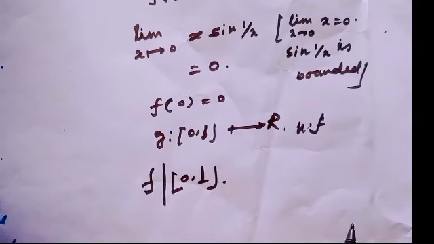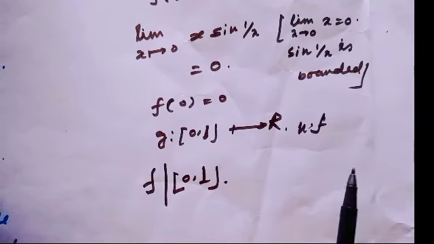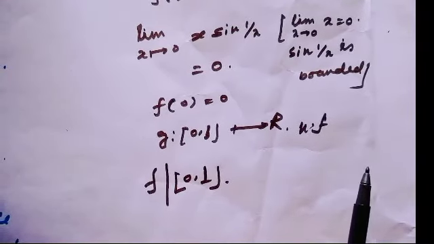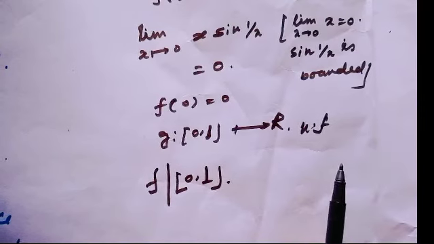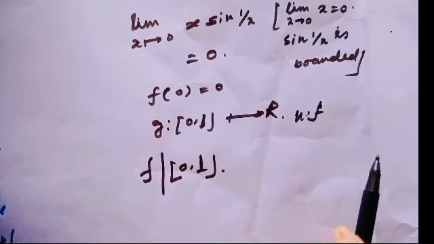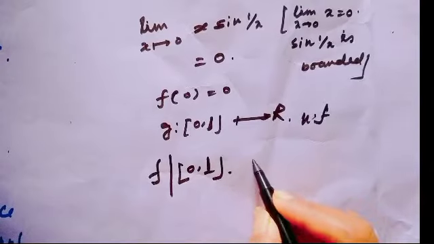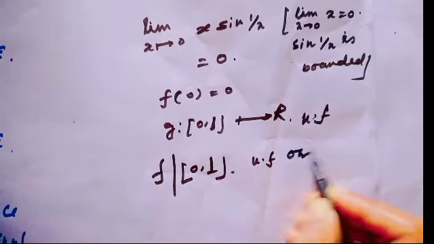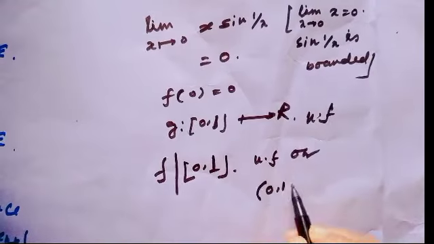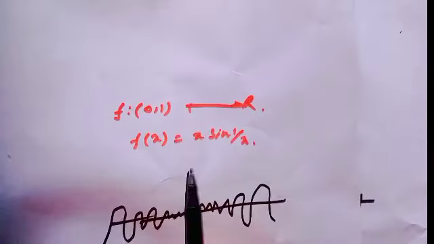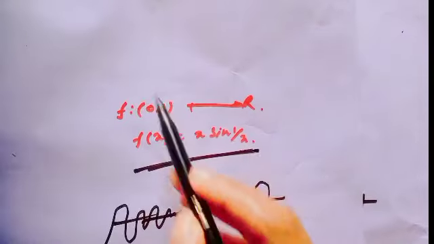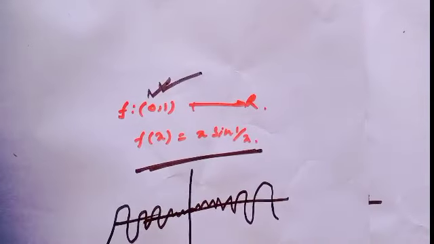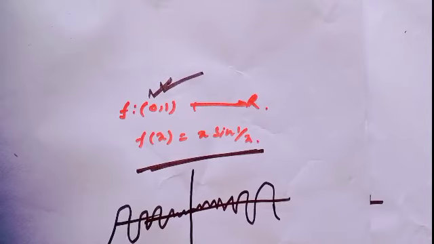And since the function g is uniformly continuous, our restriction function f must be uniformly continuous on the open interval 0, 1. So our given function is uniformly continuous on the open interval 0, 1. Are you getting this theorem? This is a very important theorem.